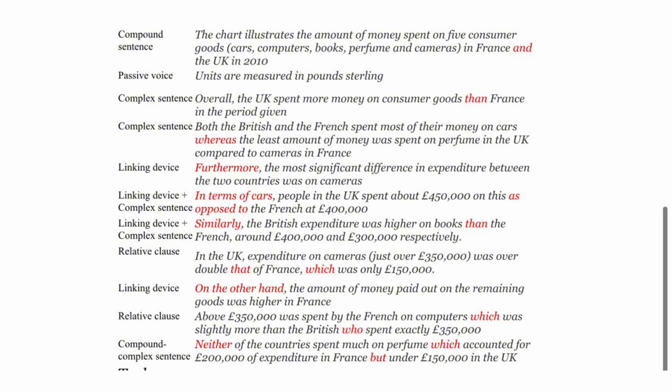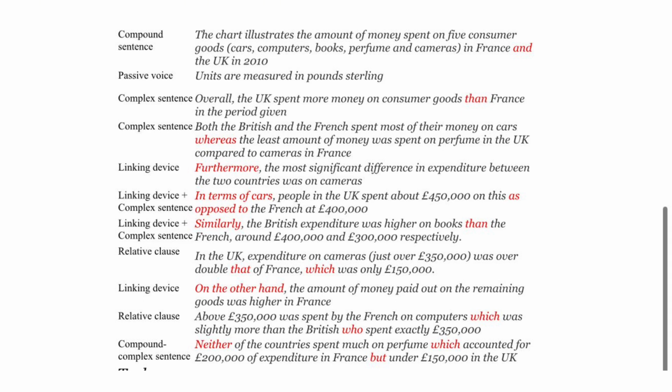Furthermore, the most significant difference in expenditure between the two countries was on cameras, right? Again, in the next sentence, a linking device: in terms of cars, people in the UK spent about 450,000 pounds on this, as opposed to the French at 400,000 pounds. Next sentence also has a linking device and a complex sentence.